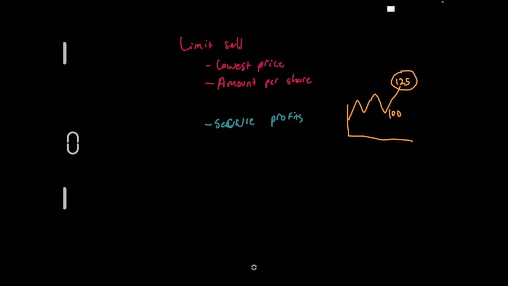Sometimes this can be really risky again because for example, if the stock never hits the limit price and it continues to drop, then that means your order will never be filled and you could lose a ton of money. For example, again, you have the same stock, and it's at $100, and you set your limit price for $125.